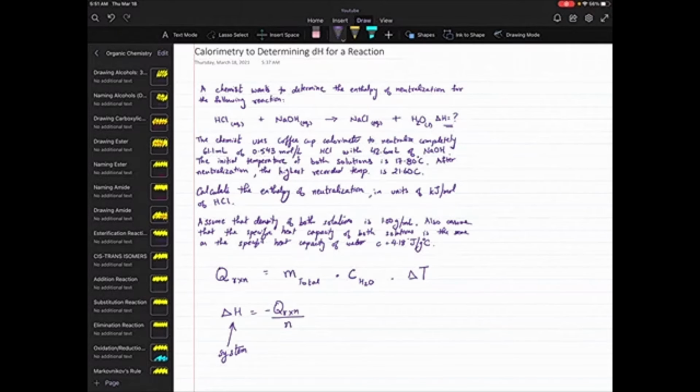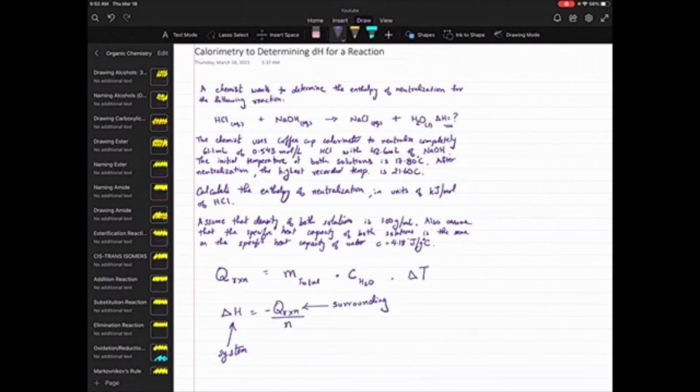Now, when we talk about the Q of the reaction, this is the surroundings, and the temperature, or the energy, or the heat of the surroundings is increasing. So the system is decreasing, the surroundings are increasing, and therefore they are opposites.